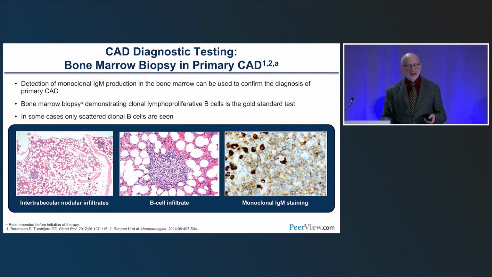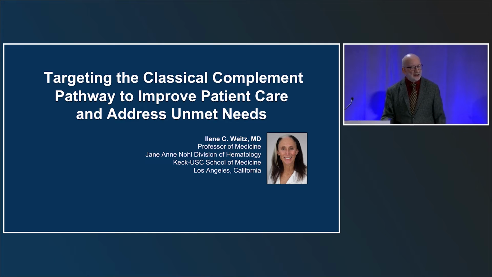It usually shows tiny intratrabecular infiltrates, bi-cell infiltrates, but it can also be just scattered clonal cells. And today, this condition is classified as a distinct clonal LPD by the WHO classification system. And then I will turn the podium back to Professor White.